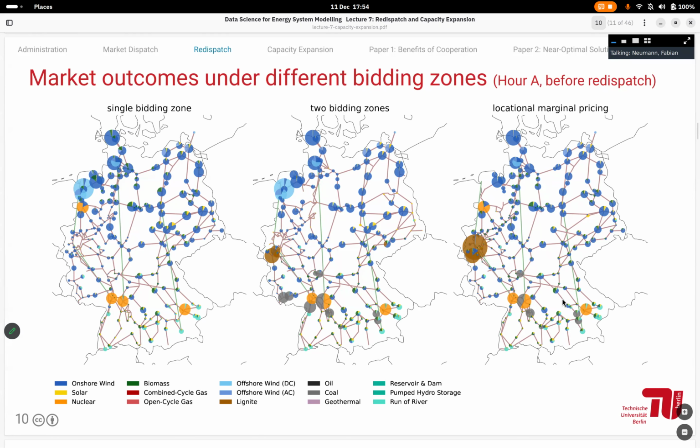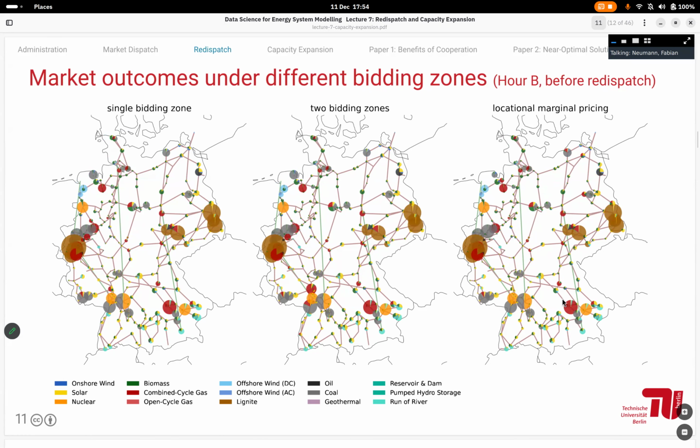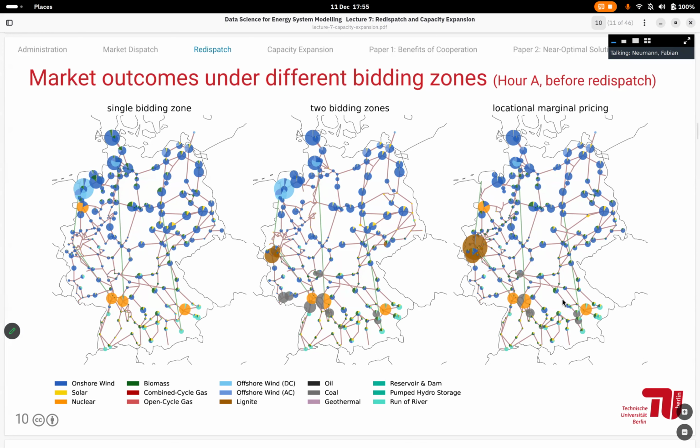So if I take just a different hour with low renewables, you maybe get a similar picture, but not that extreme. I picked this example here because it's an hour with particularly high wind generation. So you actually have a high amount of bottlenecks, and that creates a lot of difference in the market outcomes.